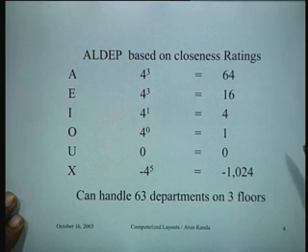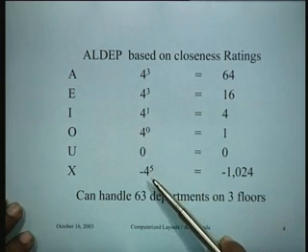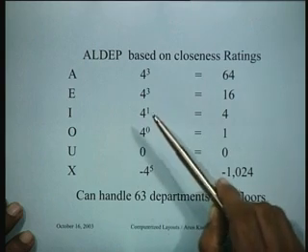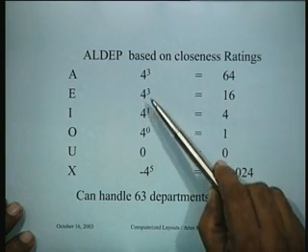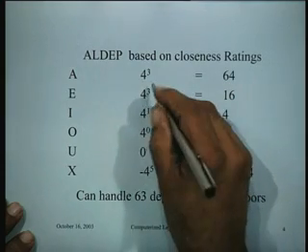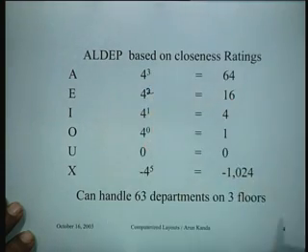These are the numerical values given to these ratings. So it is 4 to the power 1, 4 to the power 2, 4 to the power 3, and so on.